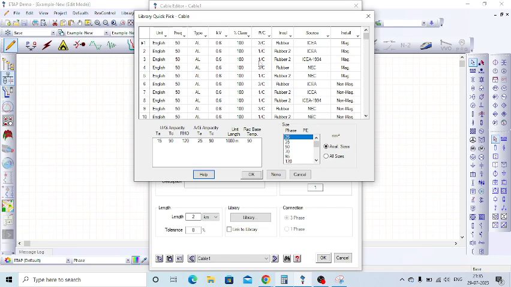Single core, two core, three core cables are available. One means single core, three means three core. Then the insulation, PVC insulated cable or XLP insulated cable, will be available here.